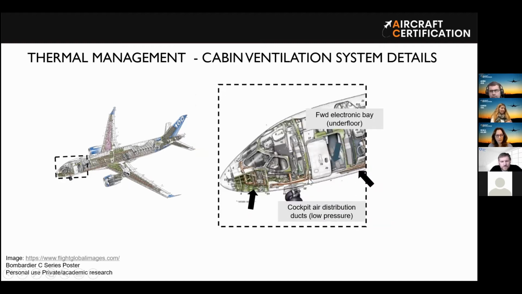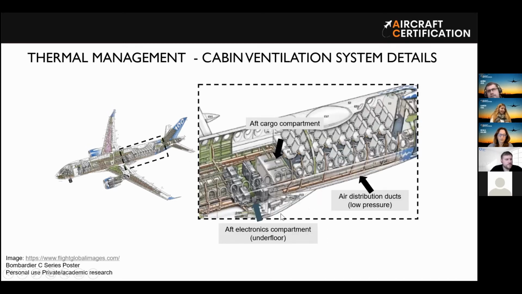Now you see we have many distribution ducts in the cockpit, and this duct air will flow into this area, and after that it will go to the underfloor region, and for example it will cool the forward electronic equipment bay, which normally is in this region, but in the underfloor.